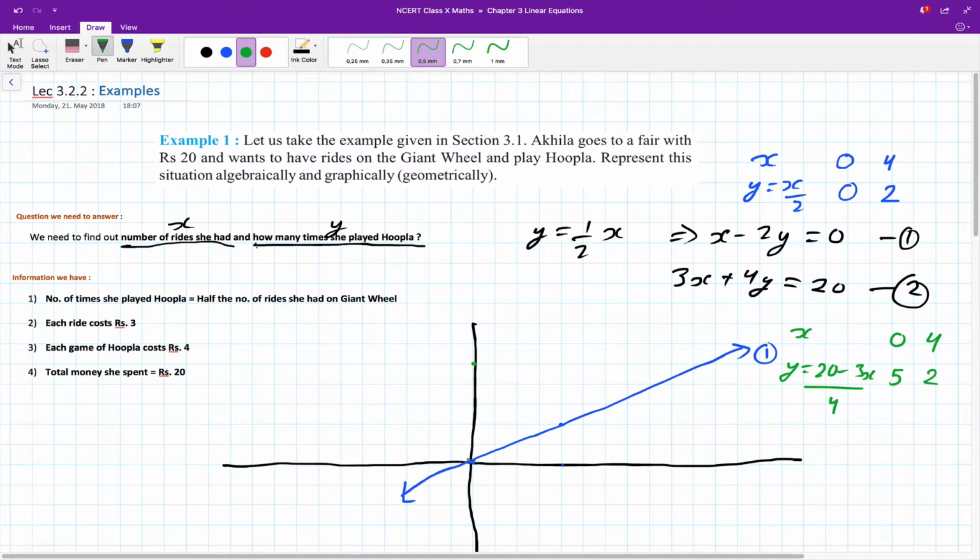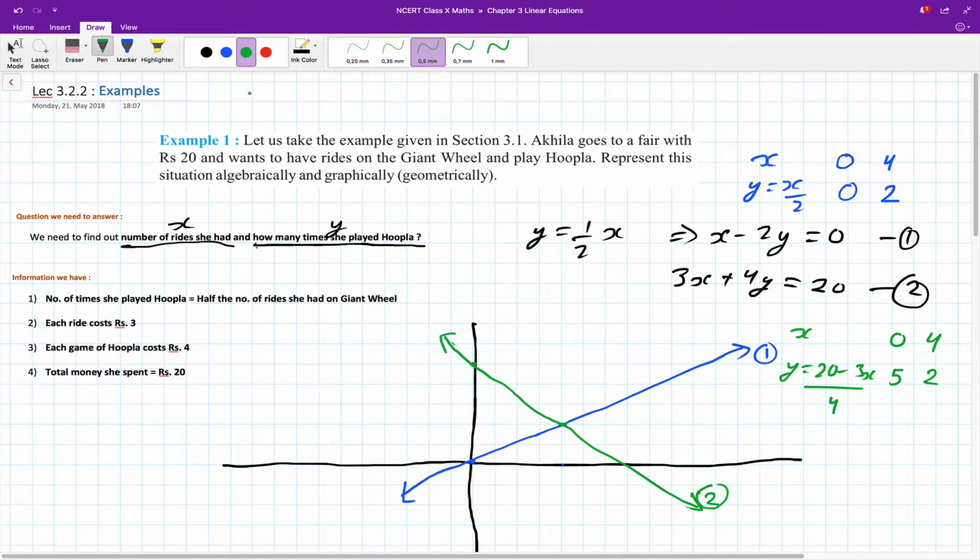So the first point we have is (0, 5), and the second point is (4, 2). If we join this straight line, this is our straight line for equation 2. Now we have plotted the two straight lines. This is the straight line for equation 1, this is the straight line for equation 2.